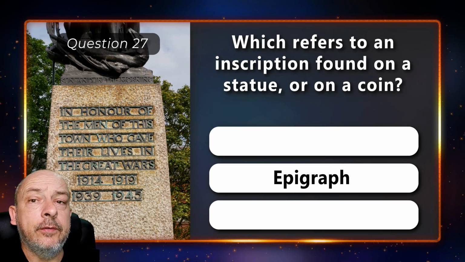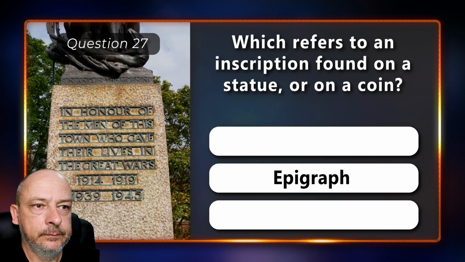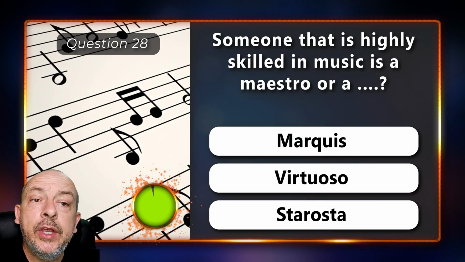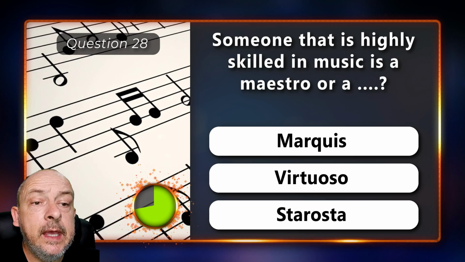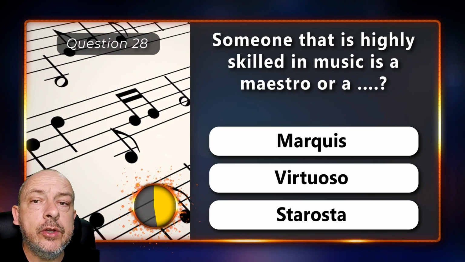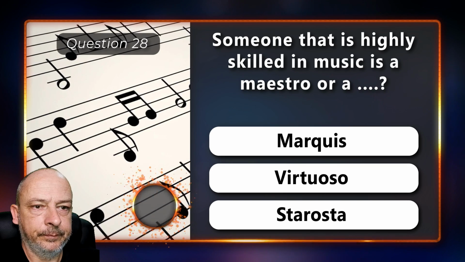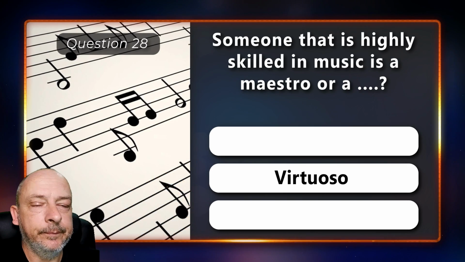An epigraph. Someone that is highly skilled in music is a maestro or a marquis, virtuoso, or starosta. A virtuoso.